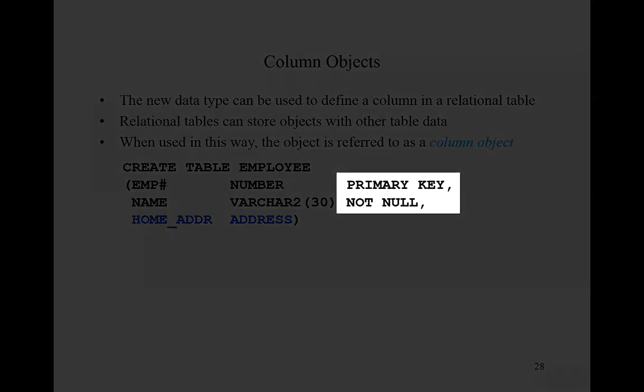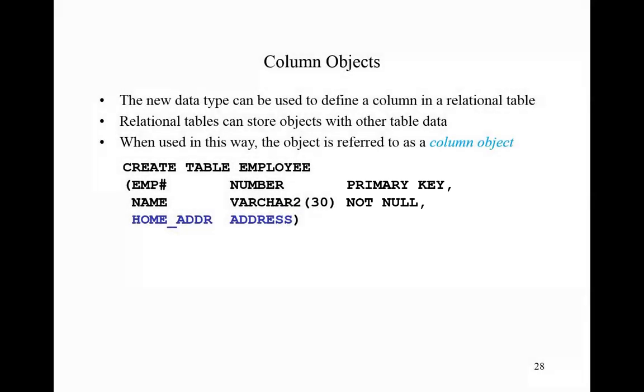Note that the relational table has been defined with constraints on its columns or attributes. Employee number is the primary key, therefore it's unique. Name is defined as having a not null constraint. As we move through our example, we will more closely examine how constraints can be defined on a column object.